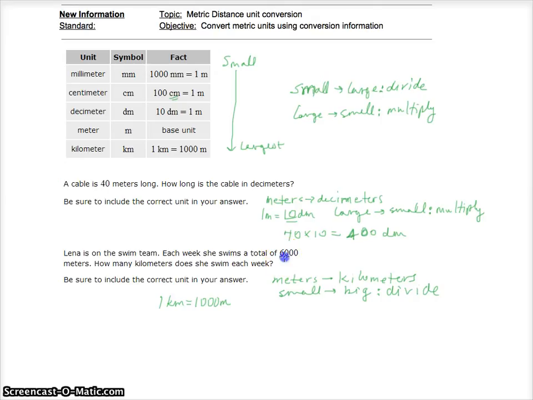So I'm going to take my 6,000 and divide it by 1,000. And that's going to give me 6 kilometers. So remember, small to big, divide, big to small, multiply.